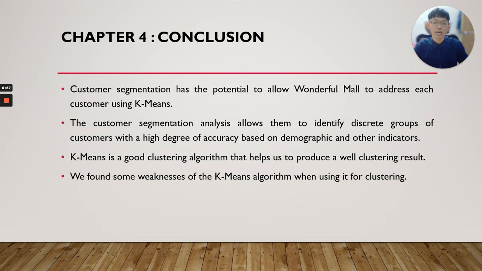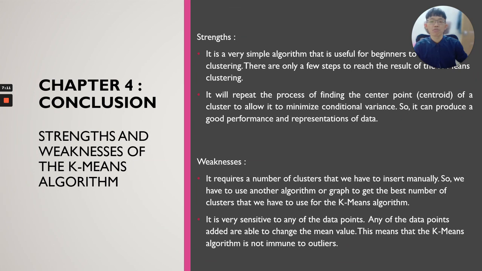The third is that K-means is a good clustering algorithm that helps us produce a good clustering result. The last is that we found some weaknesses of the K-means algorithm when using it for clustering. So we conclude some of the strengths and weaknesses of the K-means algorithm.